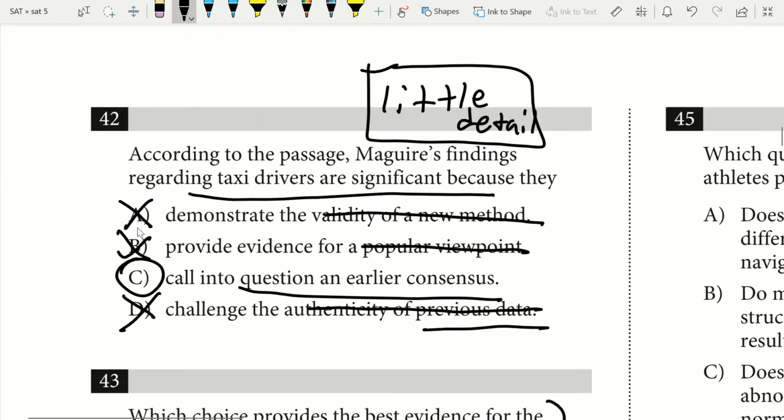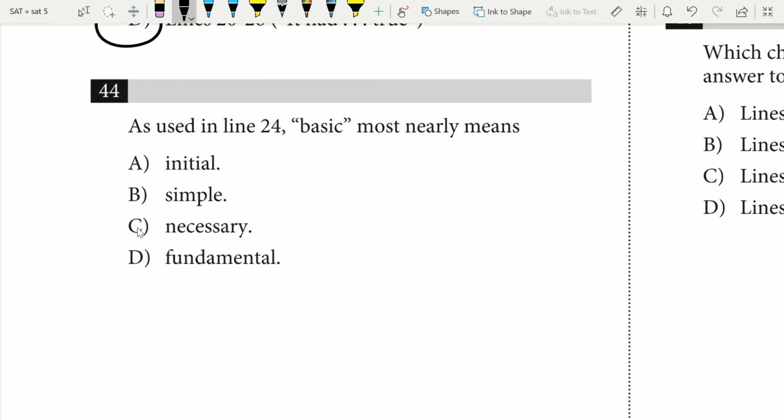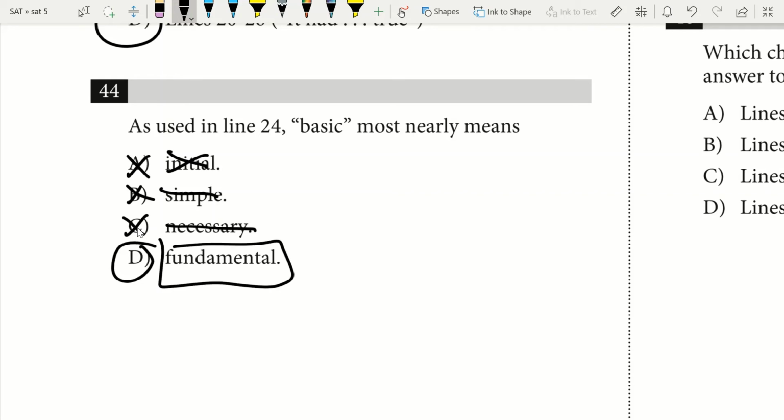So let's see if we have fundamental in our answer choices. We see that we do. We wouldn't say it's the brain's necessary anatomical structure because it isn't necessary because it's changeable. As far as it being a simple structure, no, because the brain is very complex. And as far as initial structure, not that as well, because when we're talking about fundamental, while we are kind of talking about it being from birth, we're also talking about it being just the normal structure, okay?